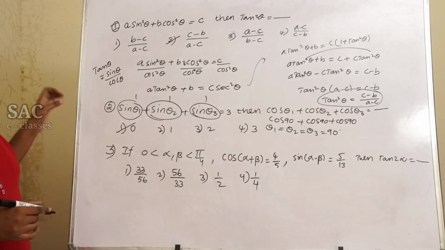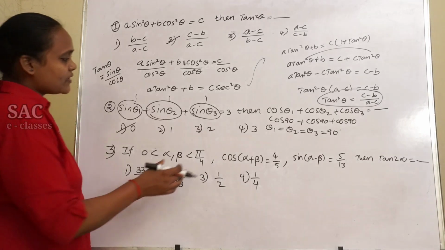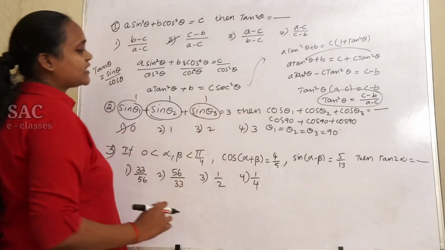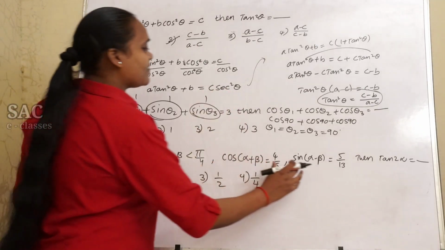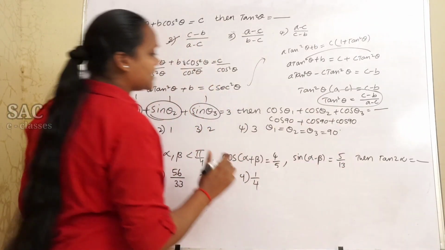Now coming to the third problem, they gave cos of alpha plus beta is 4 by 5 and sin of alpha minus beta is 5 by 13.